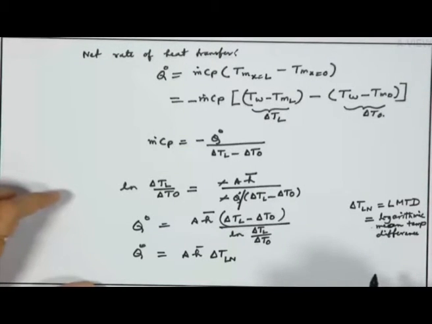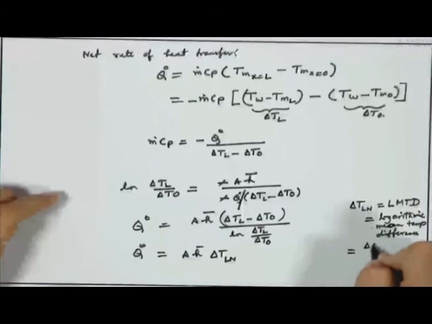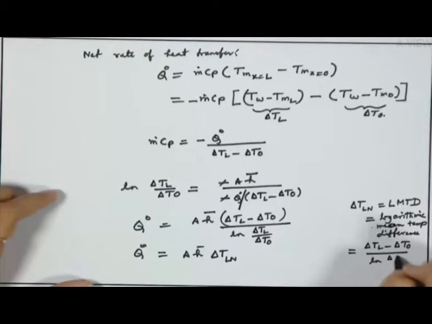So, the logarithmic mean temperature difference is delta T L minus delta T 0 by ln delta T L by delta T 0.